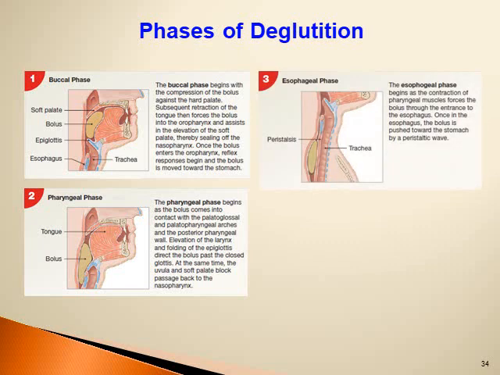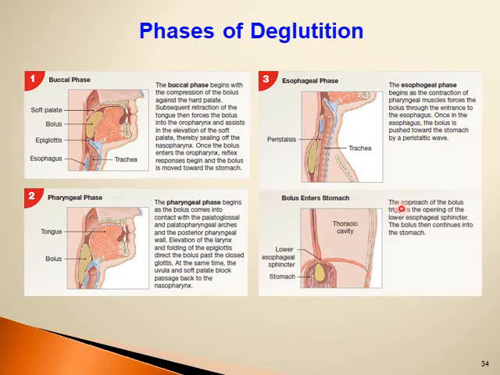The esophageal phase, here we can see, begins as the contraction of the pharyngeal muscles forces the bolus through the entrance to the esophagus, or the upper esophageal sphincter. Once in the esophagus, the bolus is pushed toward the stomach by a peristaltic wave that is called primary peristalsis.